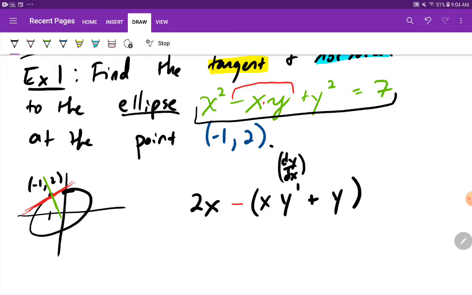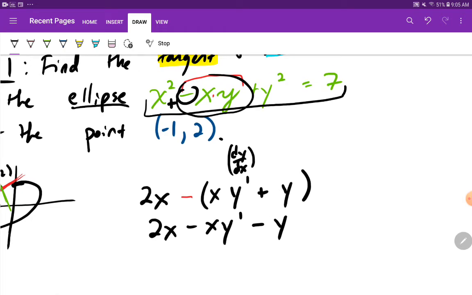I left the negative out, so it's actually not -1. If I didn't leave the negative out, then I would have to consider the negative. Does that make sense? There's a difference between a minus on this whole function versus a minus on the two functions being multiplied together. I decided to split it up, but either way, you get -xy prime minus y after you distribute that through, okay?